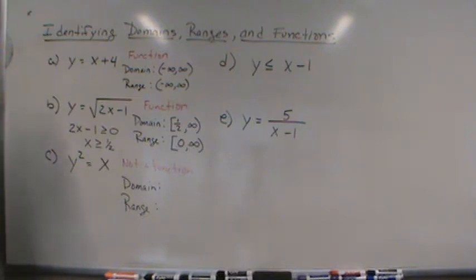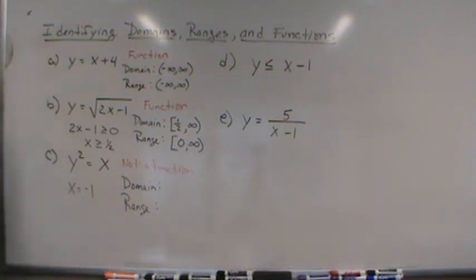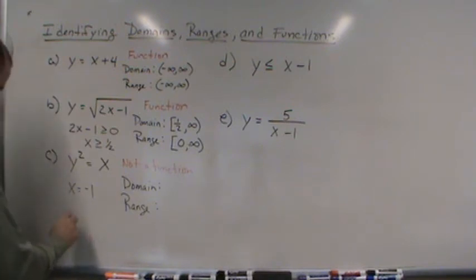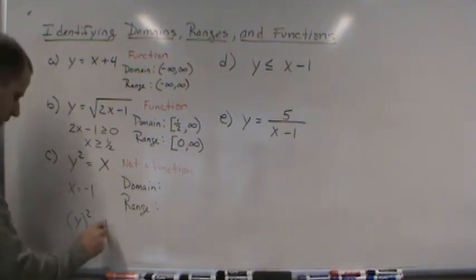Well, in this case, what about negative numbers? Let's do -1. What if x is equal to -1? Is there a value y that I can square that will give me -1?